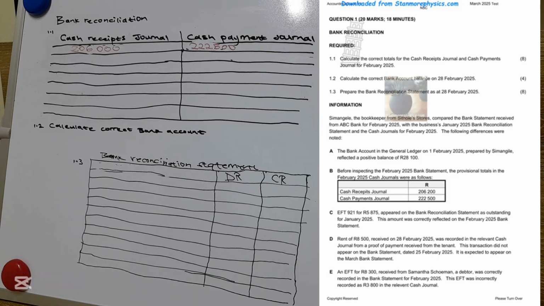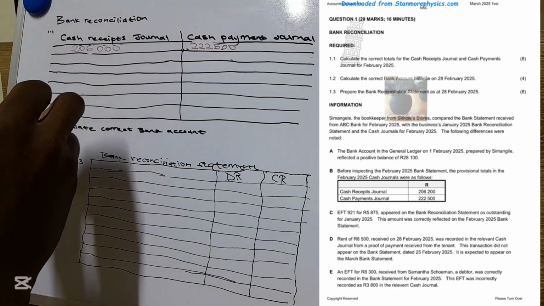Adjustment number A, the bank account in the general ledger on 1st February 2025 prepared by Simangele reflected a positive balance of 28,100. We are going to use this amount to calculate the bank account, so we are going to write this amount here, which is 28,100.